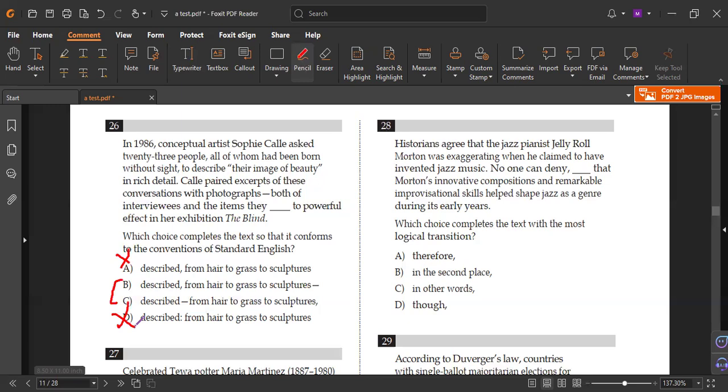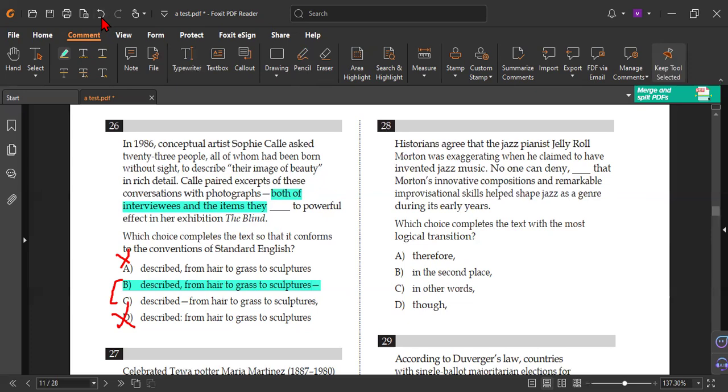You have studied in grammar that we can add additional information between two dashes. Look, and it emphasizes, requires a comma. So he said here, Kelly paired excerpts of these conversations with photographs. And then he said, both of interviews, items they described from blah, blah, blah, and then dash and then complete the sentence.